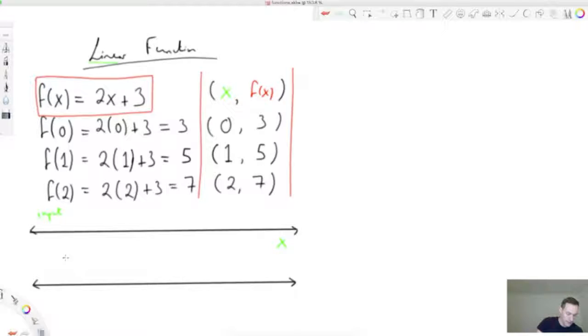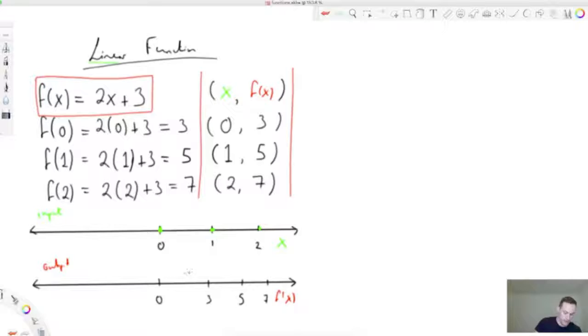And then the second number line is for the output numbers, f of x. Okay, now if I go ahead and plot these numbers, so 0, 1, and 2 are the three inputs. And then here, I know there's no 0, but I always put a 0 on the number line, just to be clear. Okay, here's our three inputs and our three outputs.